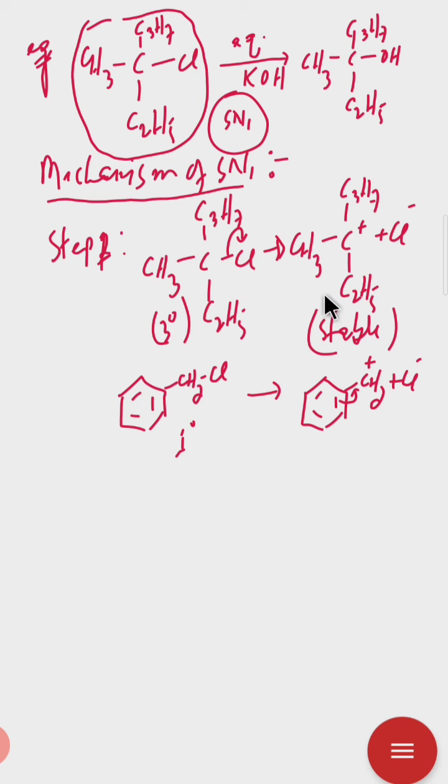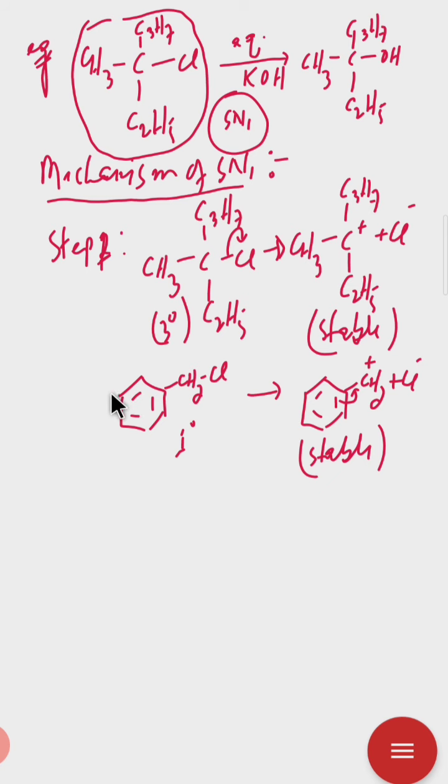So the reaction of benzyl chloride with a nucleophile will take place through the SN1 mechanism in spite of being a primary halide, because the carbocation formed is stable.